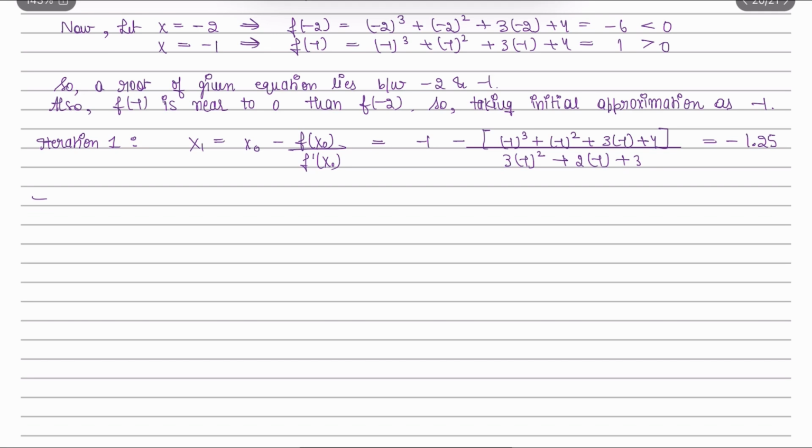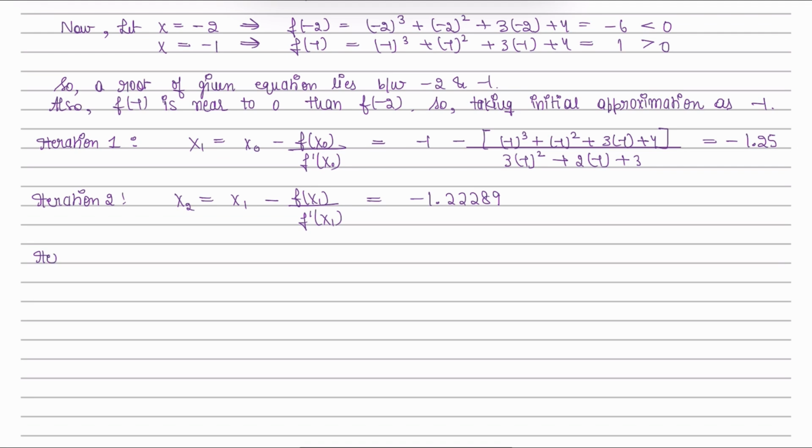Moving to the second iteration, the second approximation x2 is equal to x1 minus f of x1 divided by f dash of x1, and its value becomes minus 1.22289.